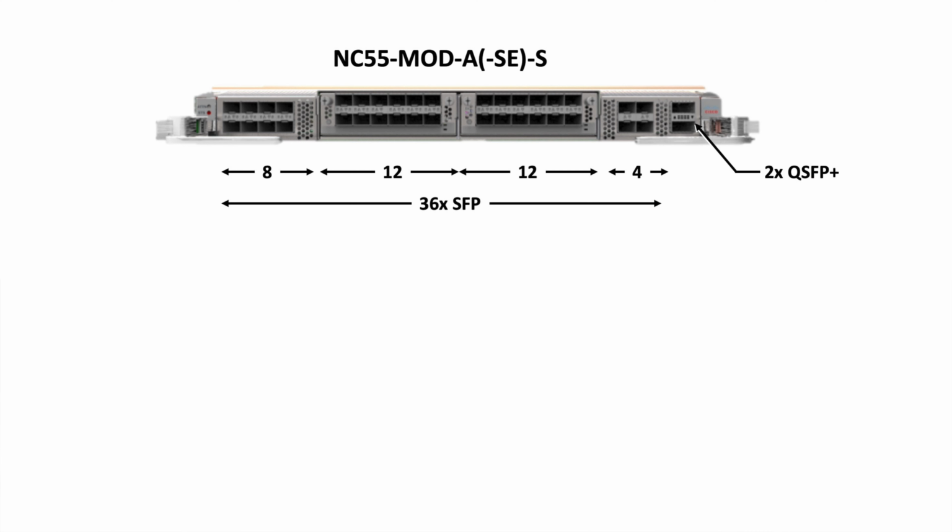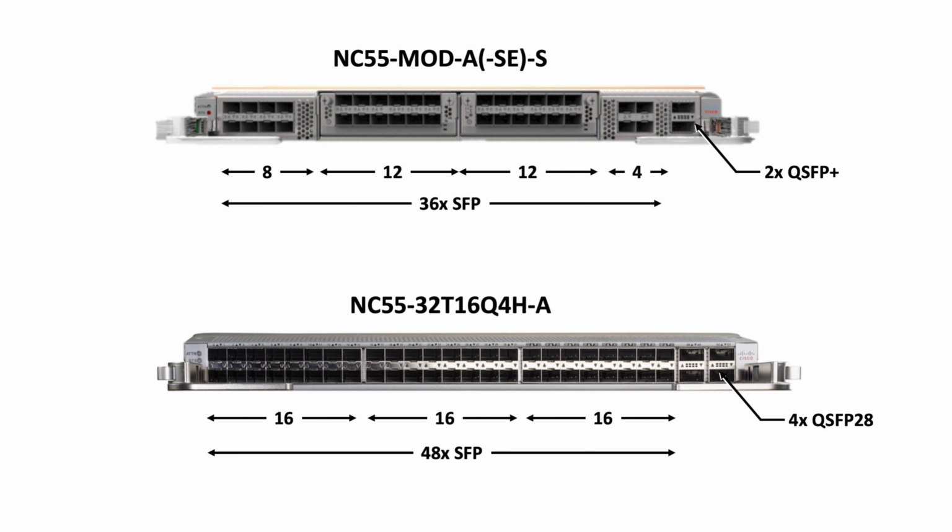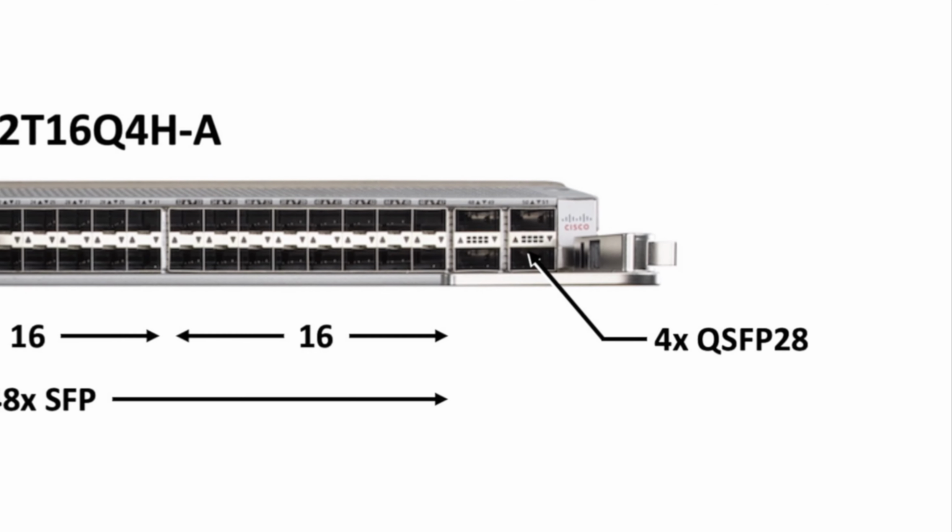It is extending the portfolio beyond what our NCS 5500 mod line card can do today. The mod line card can do up to 36 low-speed interfaces, whereas this new line card supports you with up to 48 interfaces plus 4 high-speed interfaces for backhaul.